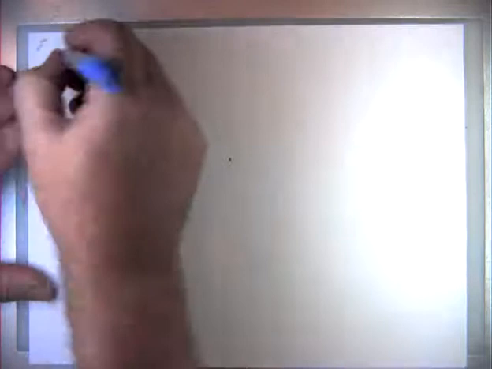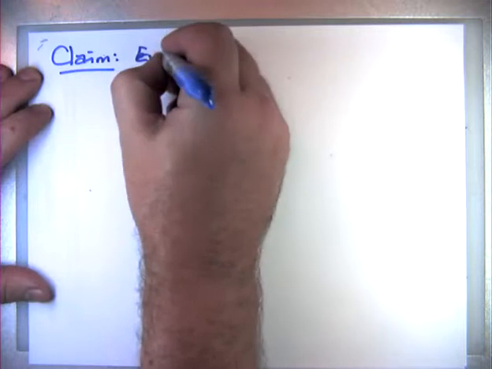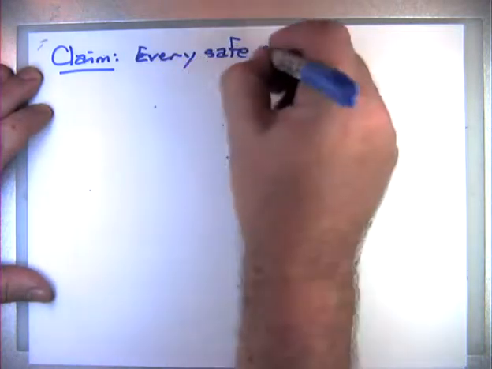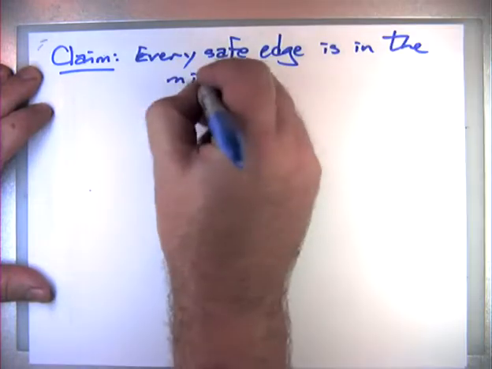So the inductive argument is every time I add a safe edge to F, that is an edge of the minimum spanning tree, which means at all times during the execution of my algorithm, F is a subgraph of the minimum spanning tree. And now I have to argue, to make this inductive argument work, I need to prove the following claim. Every safe edge is in the minimum spanning tree.